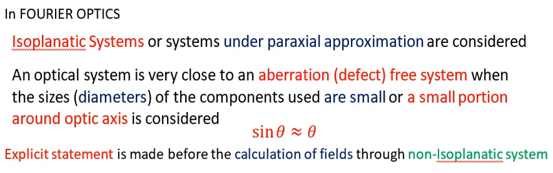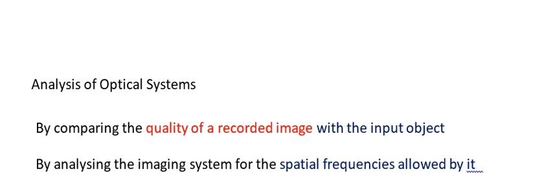The beauty of this system is that we do not incorporate aberrations or defects due to the surface curvatures of the optical components. Small portions, or small diameters, of those lenses or optical components will be used, which satisfy the condition sin θ ≈ θ. We shall refer to such systems as isoplanatic or paraxial, or say that our system is under paraxial approximation.